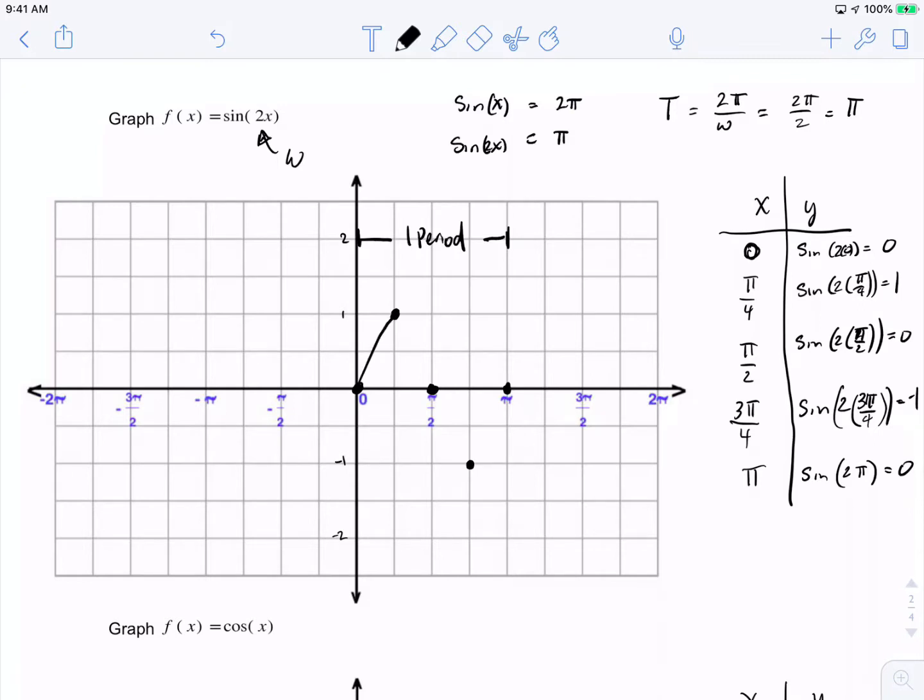And our graph is going to look like this. I'll just do it in a different color so you guys can see. We can follow the pattern. There, there, and there. I'm doing it in a different color just so you can see the black is 1 period.